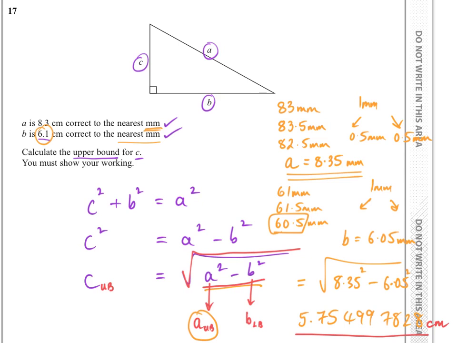So quite a complicated question there, because you could have thought that you used the upper bound here, but you just got to think, if you want the greatest amount as an answer, you've got to get the greatest amount out from the possibilities for A and B, and that is very difficult, especially when you've got division concerned. In this case we only had a bit of squaring and some taking away, so it wasn't too bad.